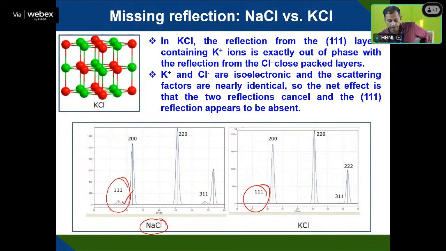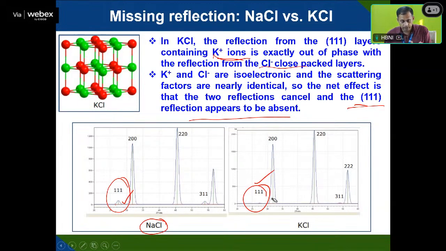But in KCl, the reflection from the 1-1 layer containing K ions is exactly out of phase with that of the Cl minus close-packed structure. So being isoelectronic, the diffraction intensity from K plus and Cl minus will be identical. The net effect is that the two reflections cancel each other, and you will not be able to see the 1-1. You can see here the gap has almost vanished.